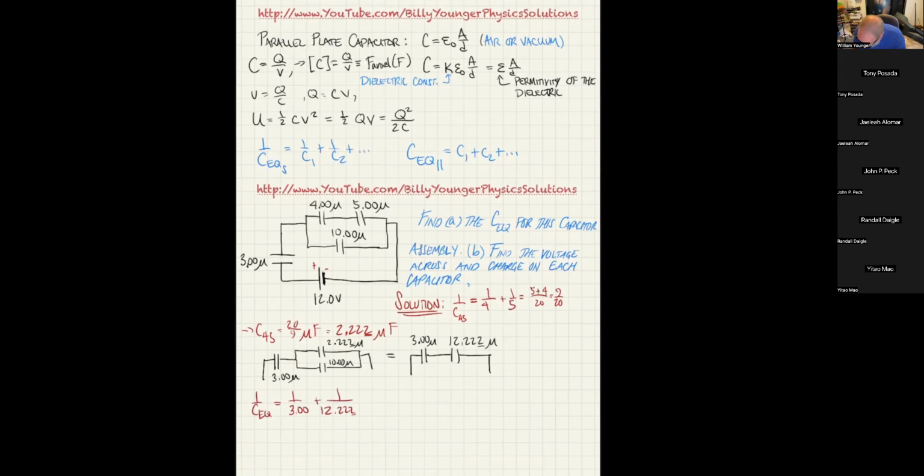I'm just going to do it brute force on my calculator. I'm going to say parenthesis 1 divided by 3, close parenthesis. We know that's 0.33333 plus parenthesis 1 divided by 12.222, close parenthesis. That gives me 0.415153.